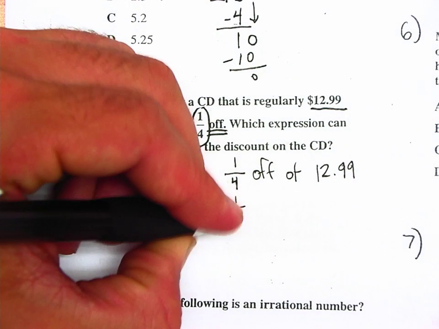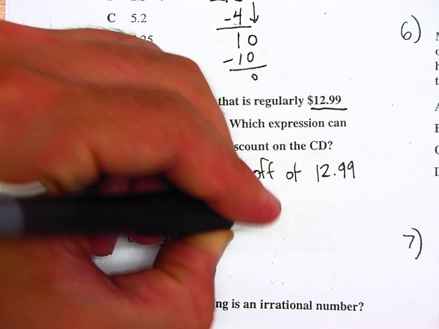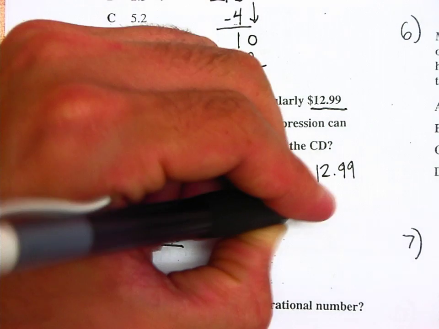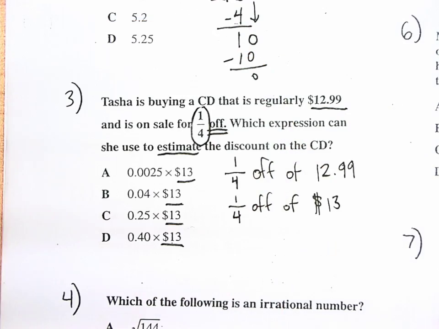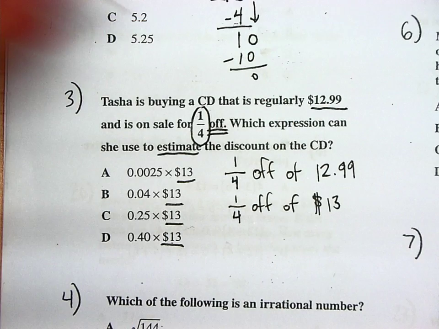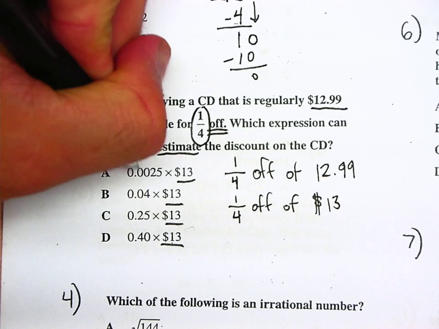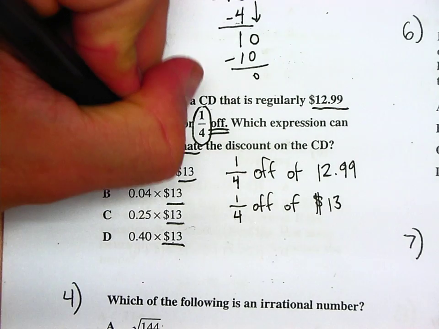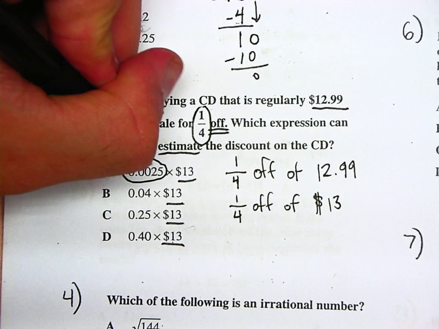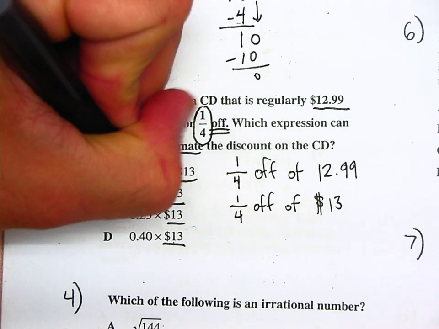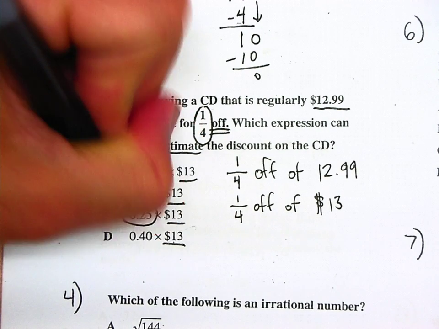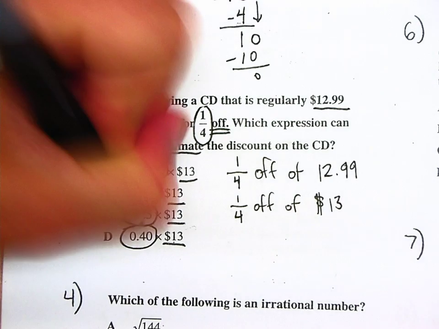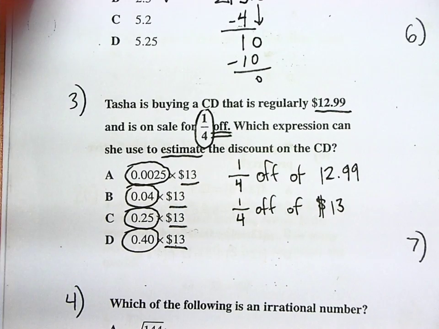So I really want to figure out 1/4 off of, if I estimate, $13. So what I need to figure out is which one is the same as 1/4 off. Is it 25 10,000ths, 4 100ths, 25 100ths, or 40 100ths?